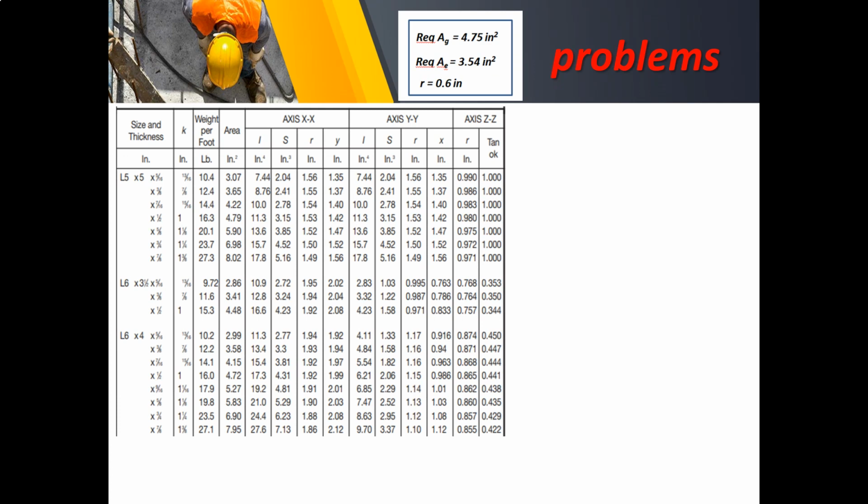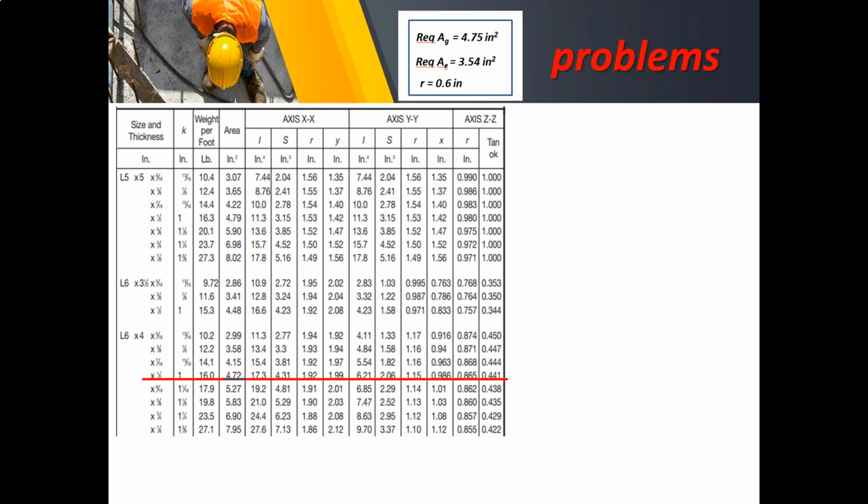As much as possible, it should be greater. Here, it is glaring that we can select the member L6 by 4 by 1/2. Why? Because it is the member with an area nearest to the required AG of 4.75 square inches.